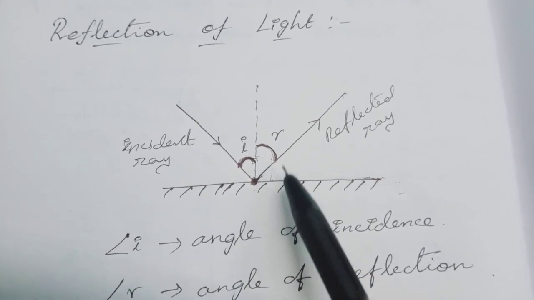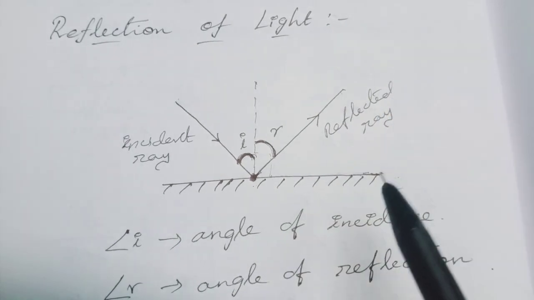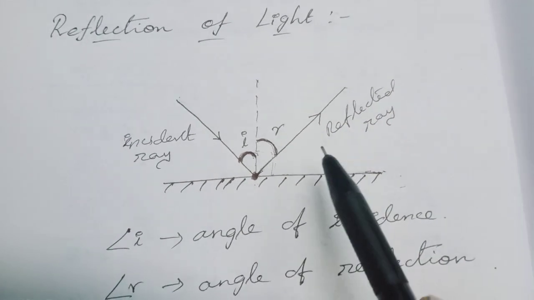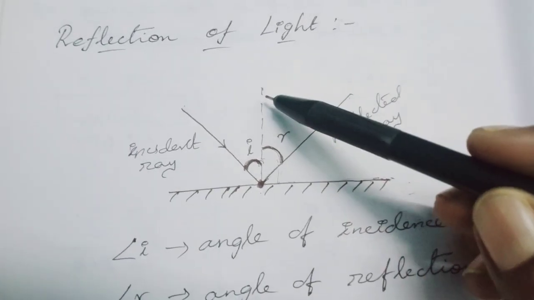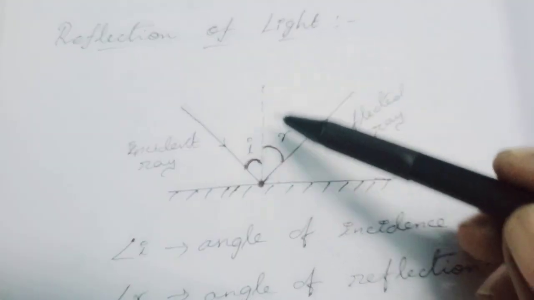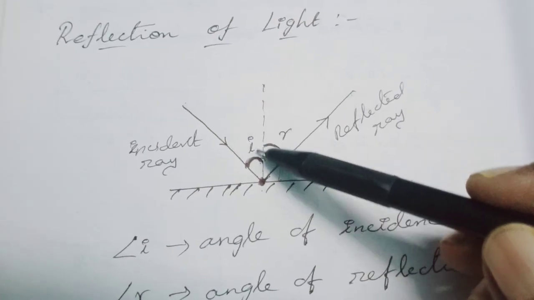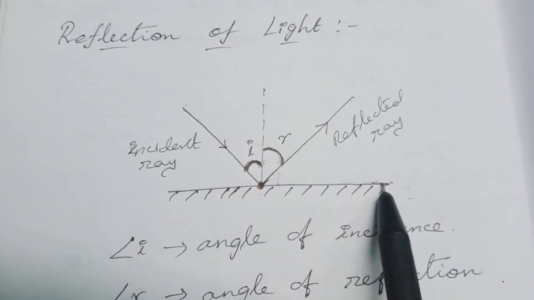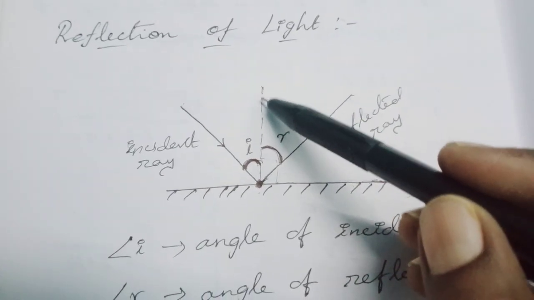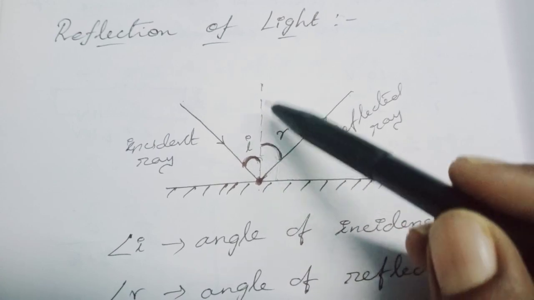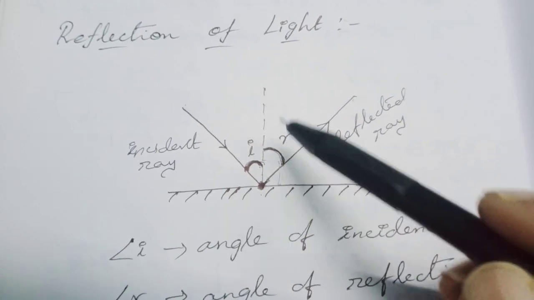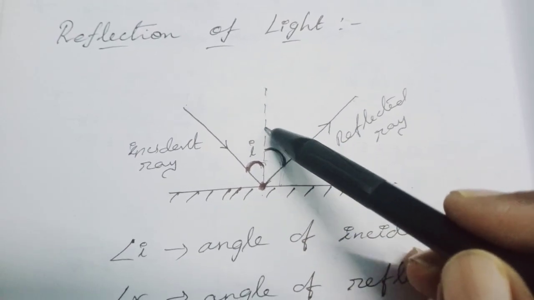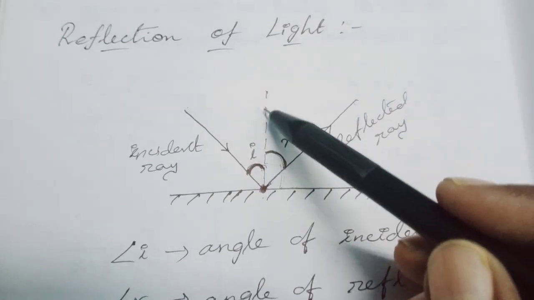Now, to find out the angle at which the ray is incident on the plane mirror and the angle at which the ray gets reflected, we have to draw the normal. See, this is the normal. What is a normal line? The line which is perpendicular to the plane surface. So to this plane surface we have to draw the normal line. This is an imaginary line which we are drawing, denoted by dotted lines.